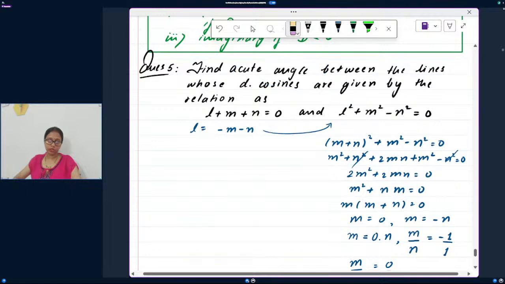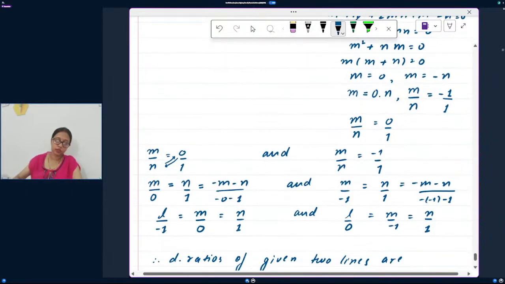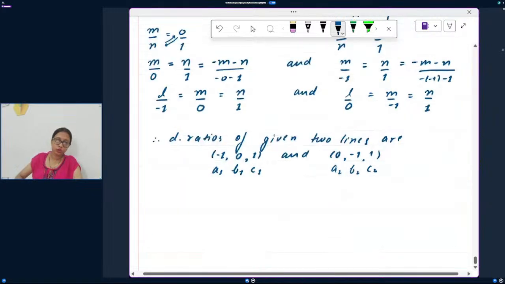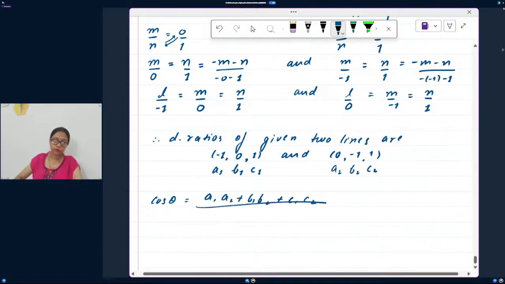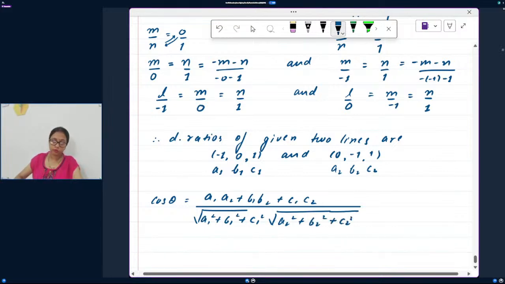Acute angle between the lines. We have the formula of angle, cos theta. When it is direction ratio, it is A1 A2 plus B1 B2 plus C1 C2 divided by square root of A1 square plus B1 square plus C1 square, root of A2 square plus B2 square plus C2 square.